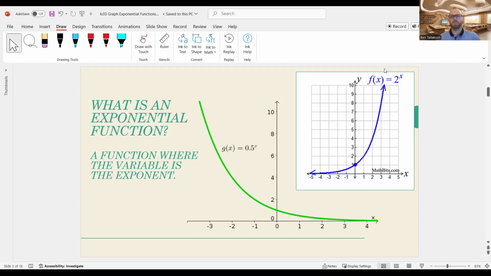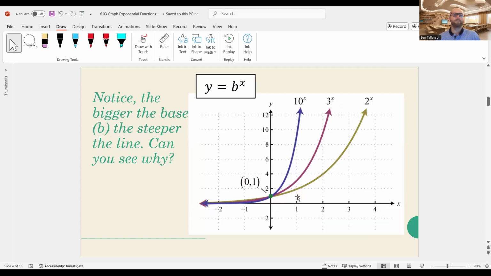Exponential growth, the base is greater than 1. And think about it. Every power you put is going to be making this value smaller and smaller. You'll see what we mean as we go along.